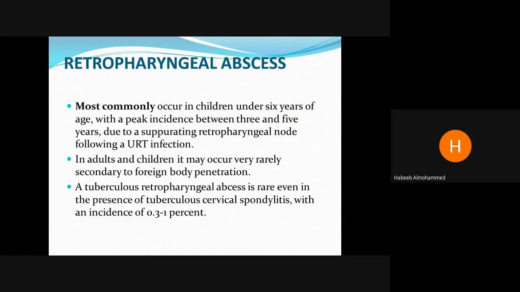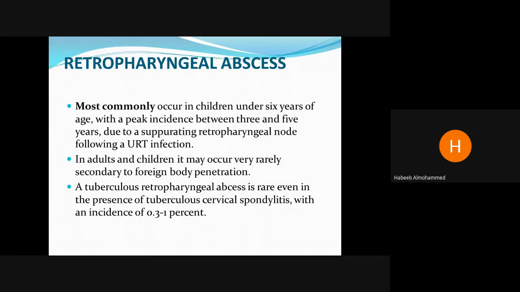It is most common in children under 6 years of age, with peak incidence between 3 and 5 years, due to suppuration of the retropharyngeal lymph node following upper respiratory tract infection. In adults and children, it may occur very rarely secondary to foreign body penetration.